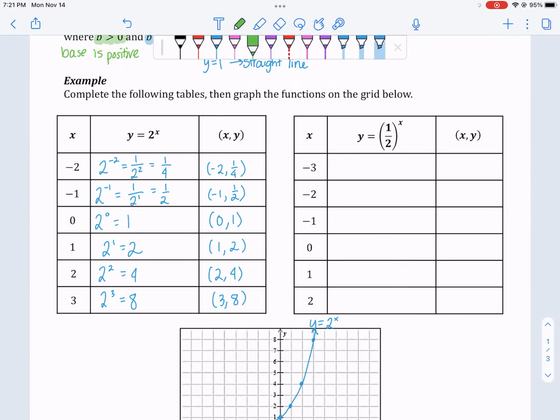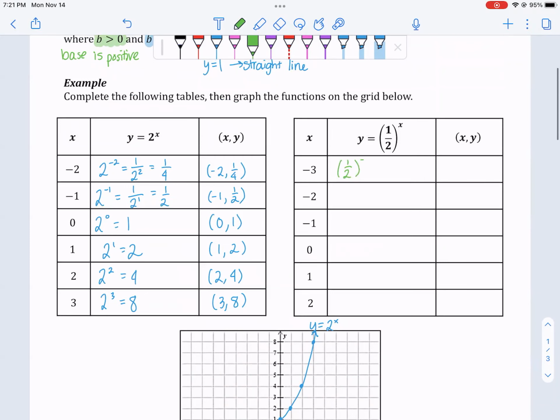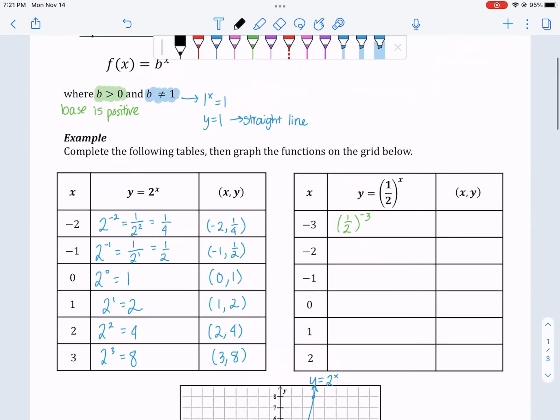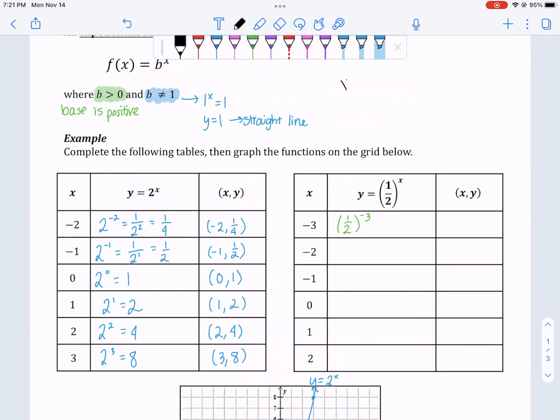All right, so we are plugging in -3. So we have 1/2 to the -3. The rule with negative exponents, by the way, if you have x to the -a, this is 1 over x to the a. It's really just the reciprocal, and then the exponent becomes positive.